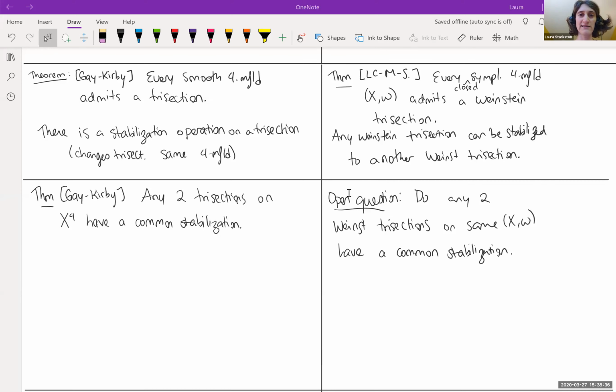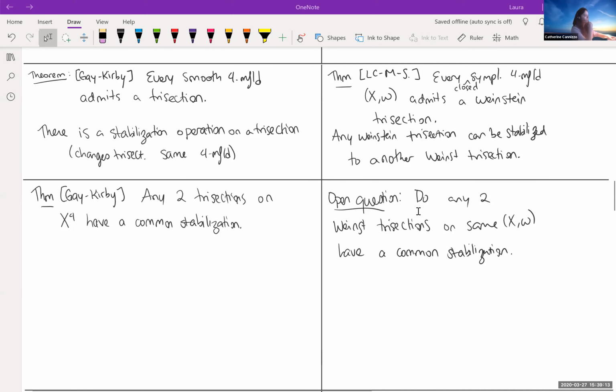CP1 times CP1 you can kind of understand a trisection through the toric picture, but you have to join two pieces with a little tube. So in general, the toric structure is not super compatible with trisection structure. And these schematic pictures are very much schematic. Like these pie charts are very schematic.